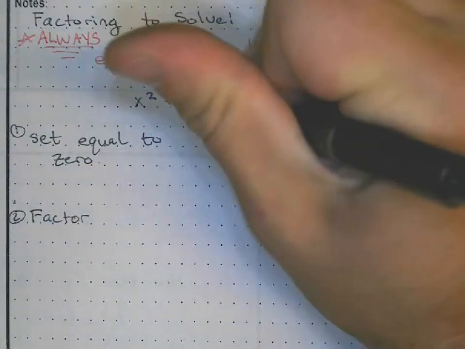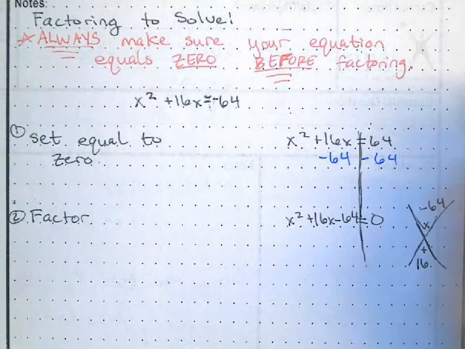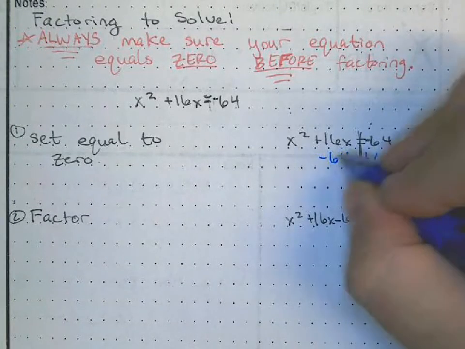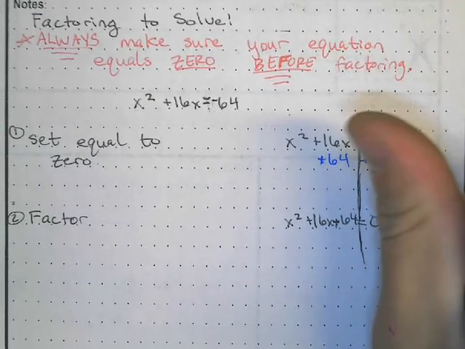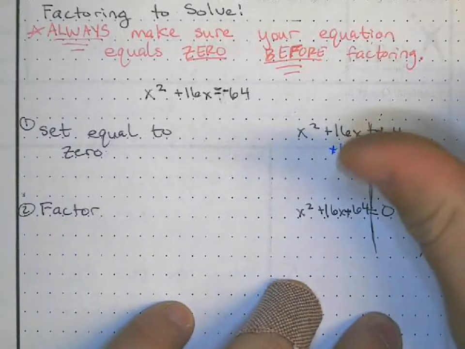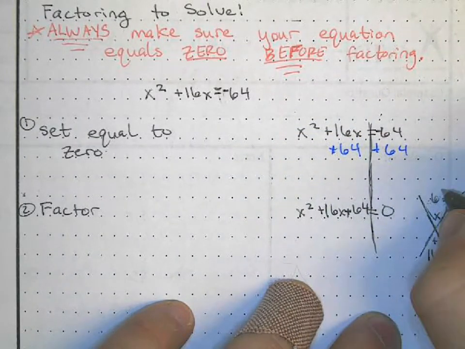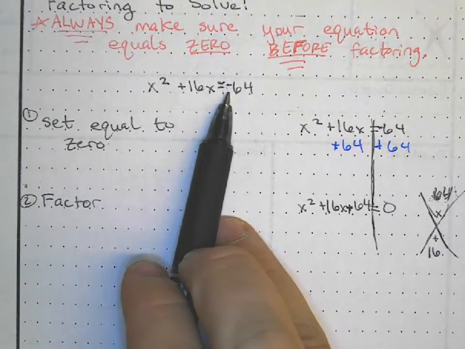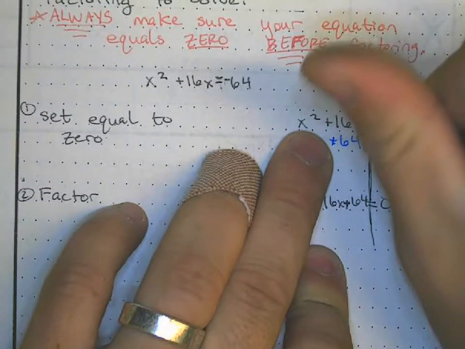Oh, I made a small mistake to begin with. Let's make this equals negative 64. Those become plus 64s. Sorry about that. So I just changed that to a negative 64 right there, which makes this a negative 64 right here.